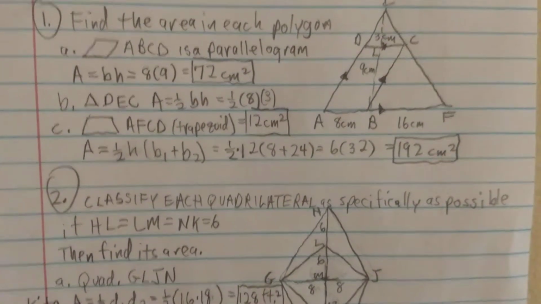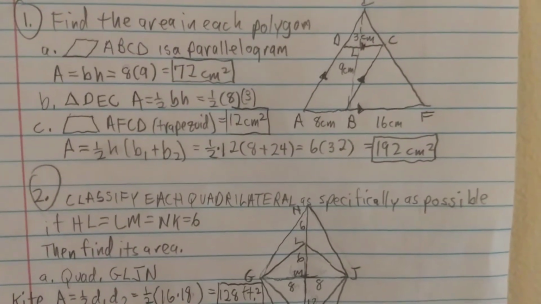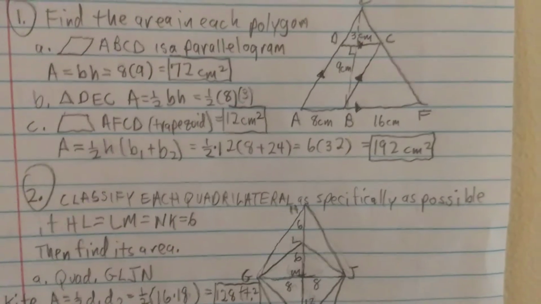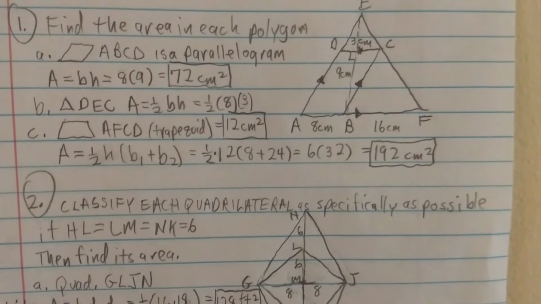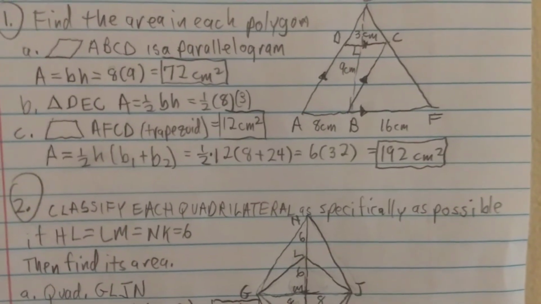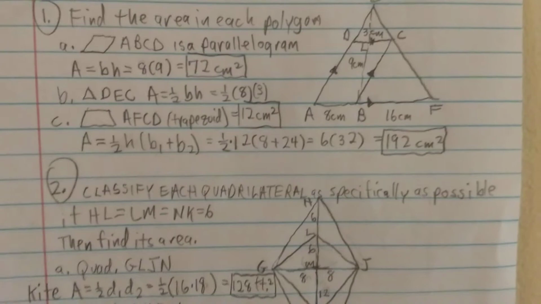Okay, now for the AFCD trapezoid, AF is the whole base of the big triangle, and then DC is the top part of the trapezoid. Now notice that DC and the bottom AF are parallel. That makes it a trapezoid.